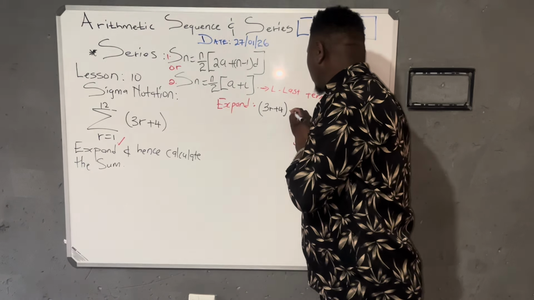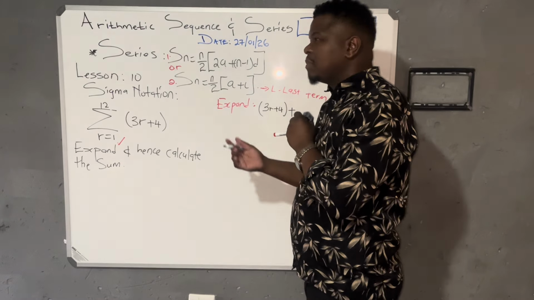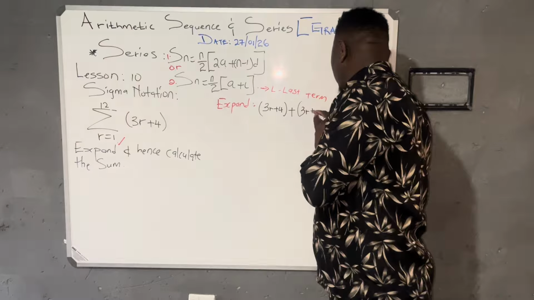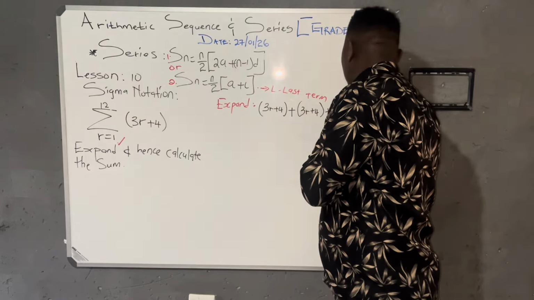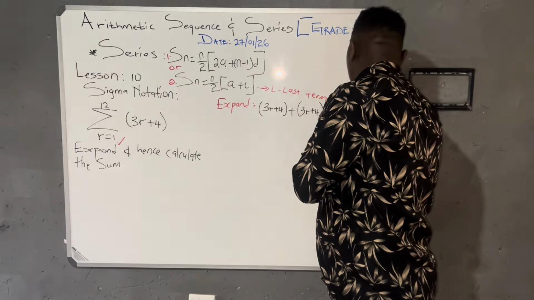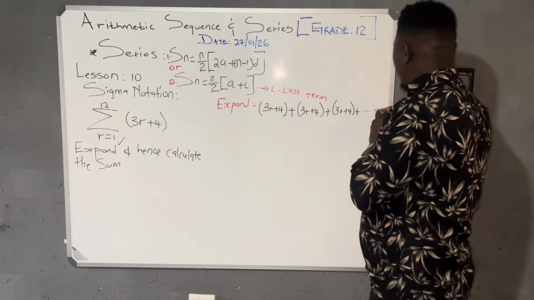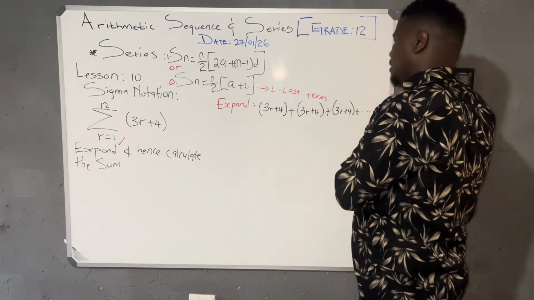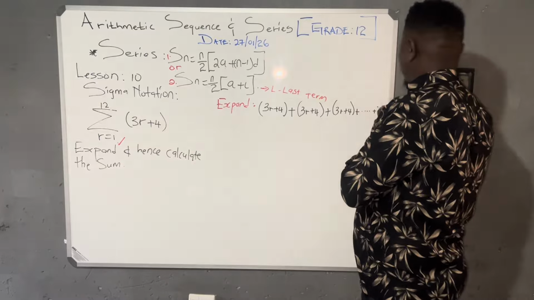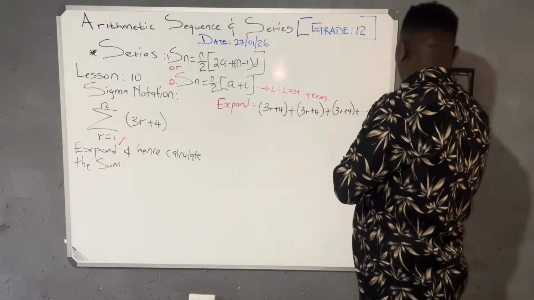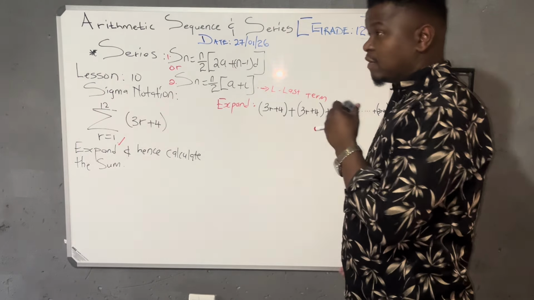Let me put in brackets so that I'm creating a series, maybe 3 terms. Now, another one is 3r plus 4. Another one is 3r plus 4, plus and so on. Then I'm going to use the last one there, which is also 3r plus 4. Yes, you can zoom in.